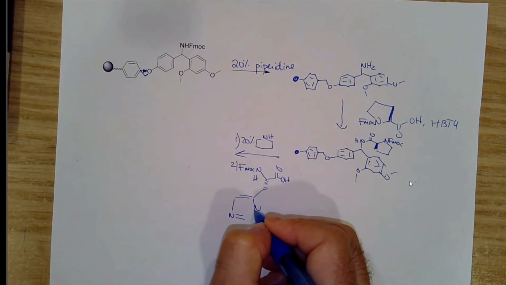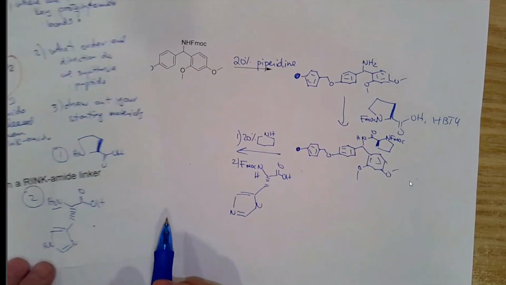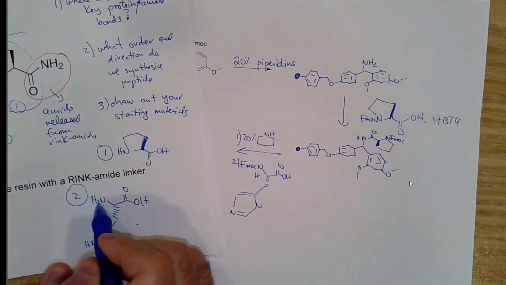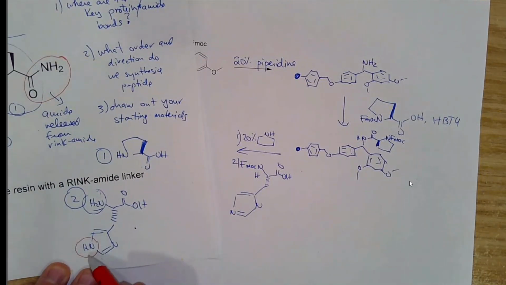And the other thing we also have to do is, if you look at our structure here, this has to be protected with Fmoc, but we also need to protect this amine right here, because this is also an undesired nucleophile.